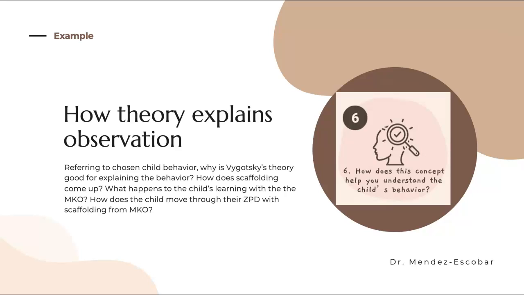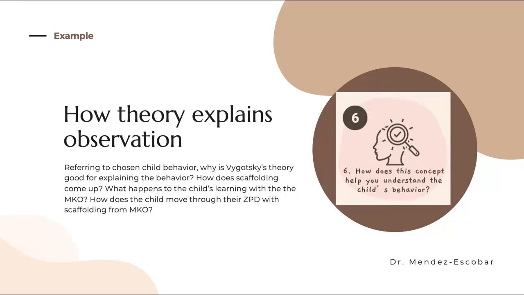Instead of telling the child, you spell me, M-E, the teacher asked really specific questions so that the child can get there on their own and expand on their learning. Those really specific questions were scaffolding, and the child expanded their learning. In essence, they moved through their zone of proximal development, what they're able to do with some support within what they're already able to do. It's not beyond that. It's not too difficult for the child to get there.